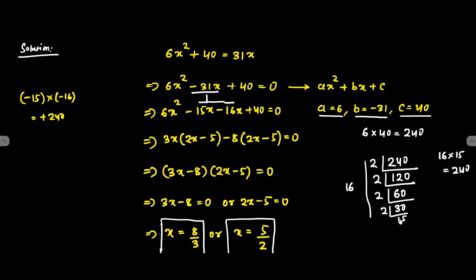When I saw 15 and four 2's, it clicked: 16 × 15 is equal to 240, so I can split it as −15 and −16. So you have to go in this way.